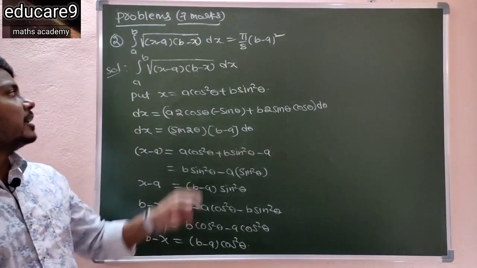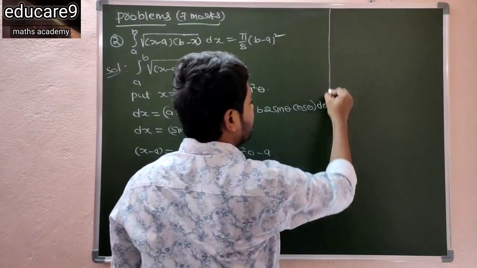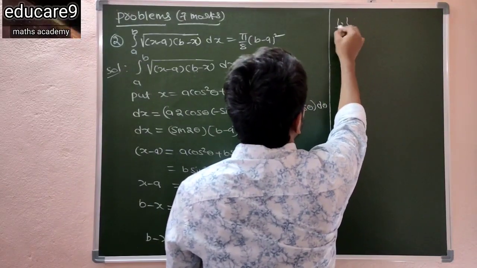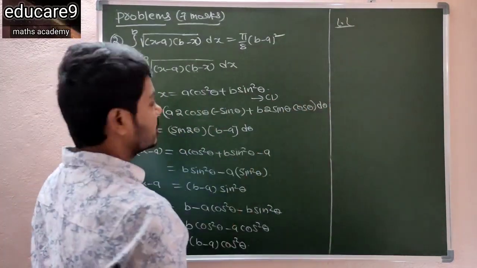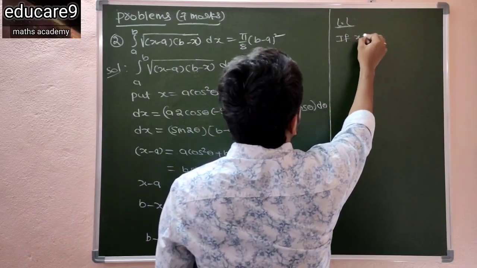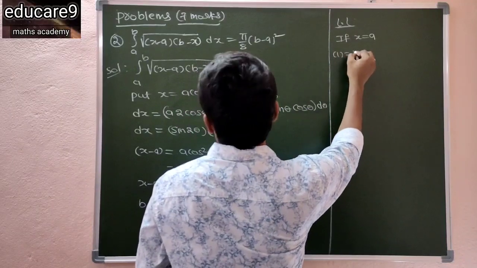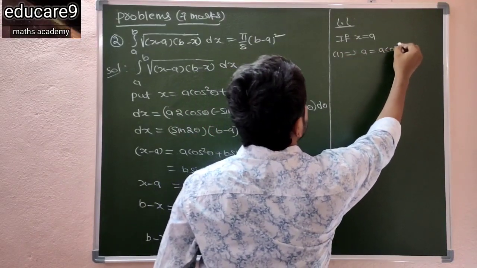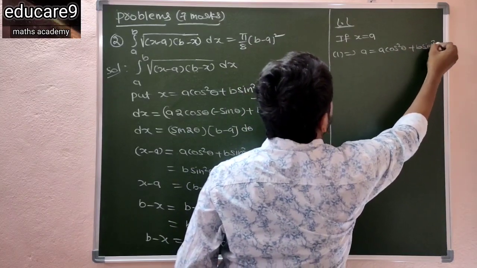Okay. And clearly the lower and upper limits also change. So what is the lower limit? This is equation 1. First, if x equals a, then from equation 1, a equals a cos square theta plus b sin square theta.